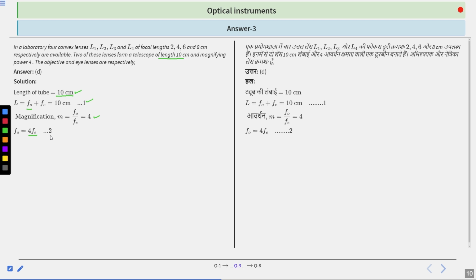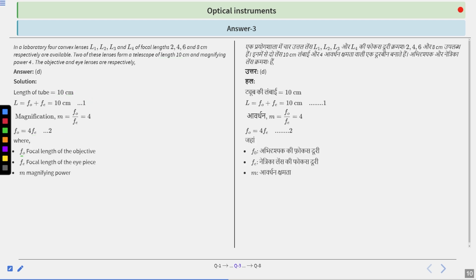Let this be the second equation. So there are two equations: equation first, FO plus FE is equal to 10 centimeter, and equation second, FO is equal to 4 FE. Using these two equations, we will find the correct answer.